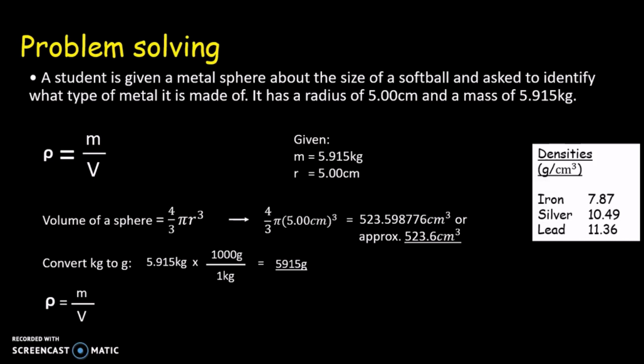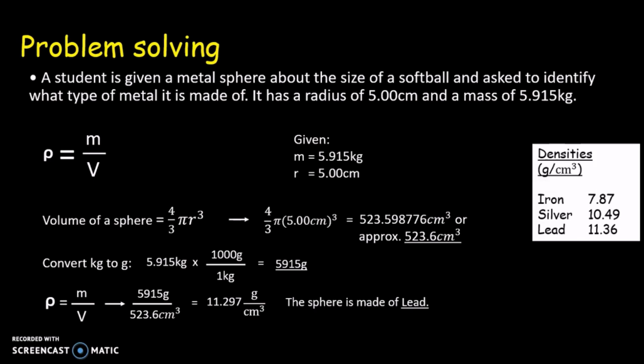We'll write the equation again, and we just need to input the data that we got. So 5,915 grams divided by 523.6 cubic centimeters, and we'll get 11.297 grams per cubic centimeter. Looking at the table, the nearest value for our density is lead with 11.36 grams per cubic centimeter. So it's safe to assume that the sphere is made of lead.